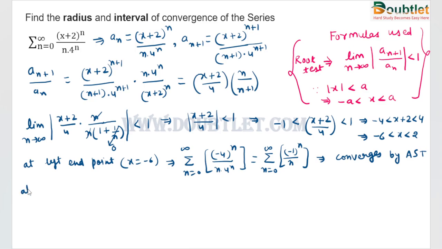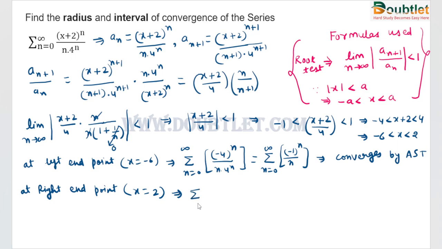Now to check the right endpoint, at x equal to 2: 2 plus 2 becomes 4, and 4 to the power n cancels 4 to the power n.